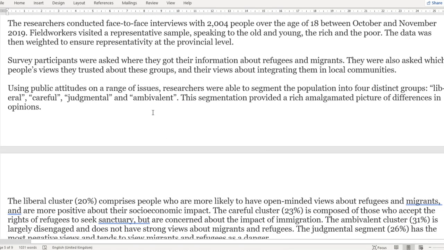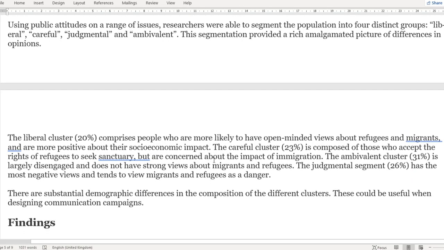So they were lucky enough to have a research group in which they could draw from all these diverse understandings of things. Right. So the liberal cluster is about 20%, comprises people who are more likely to have open-minded views about the refugees and migrants and are more positive about their socio-economic impact.